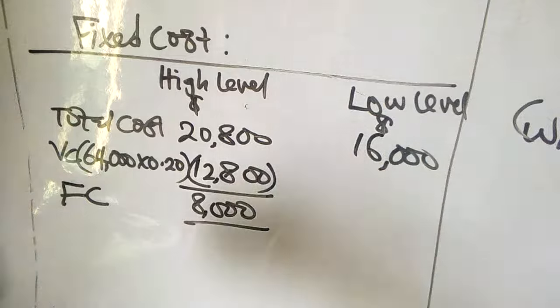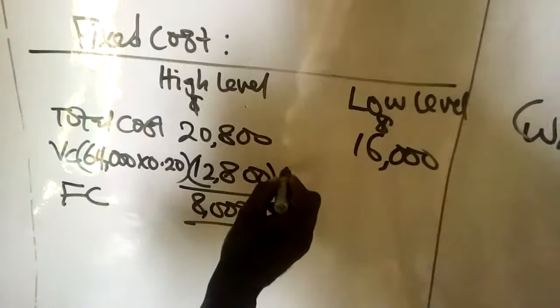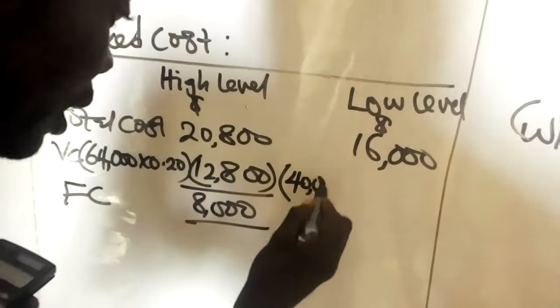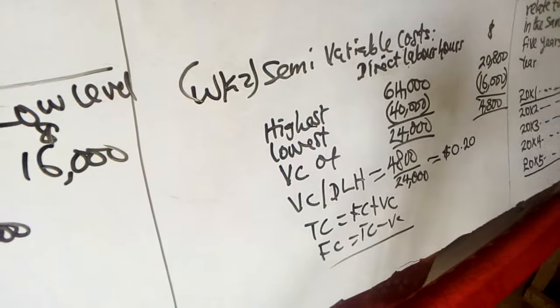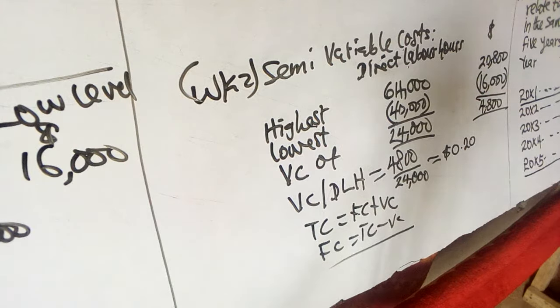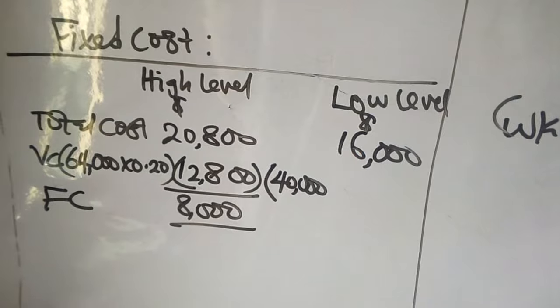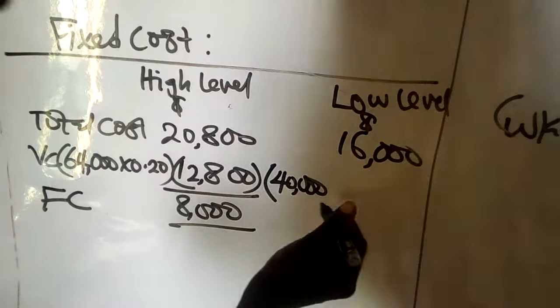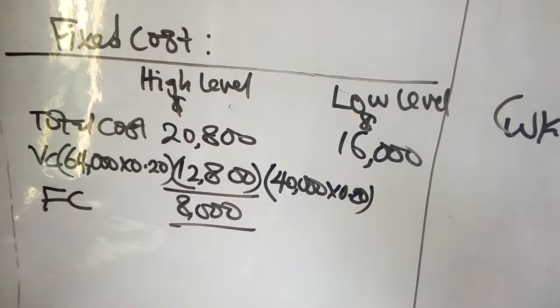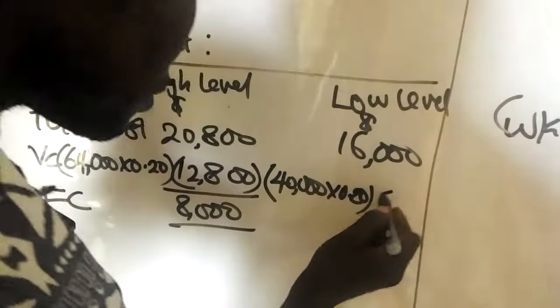Then if you use the low level of activity, remember the low level of activity represents 40,000 direct labor hours, as given. And your variable cost per unit is $0.2. 0.2 times 40,000 gives us 8,000.